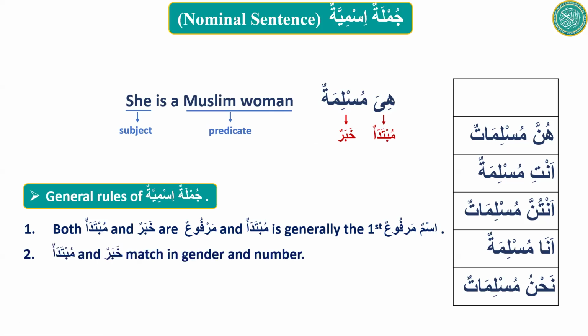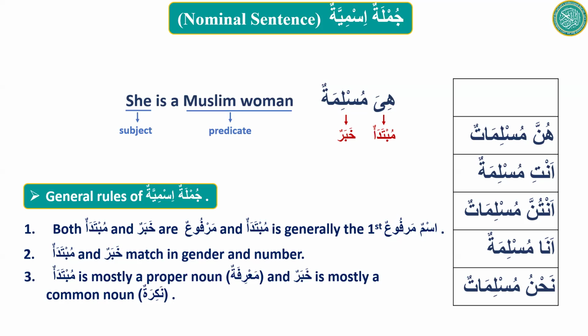Mubtada and khabar match in terms of gender and number. Hiya is singular, muslimatun is singular. Hiya is feminine, muslimatun is feminine. Most of the time mubtada will be a proper noun, like hiya, ma'rifa, and khabar a common noun.